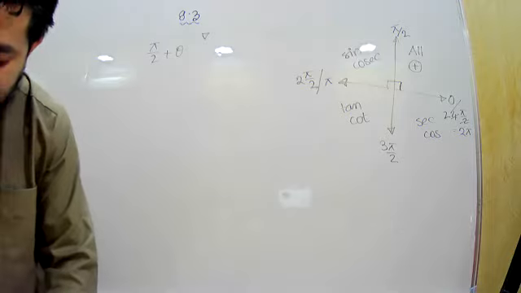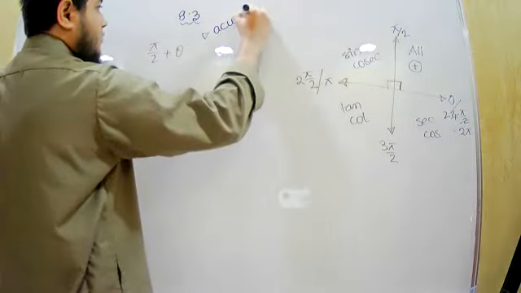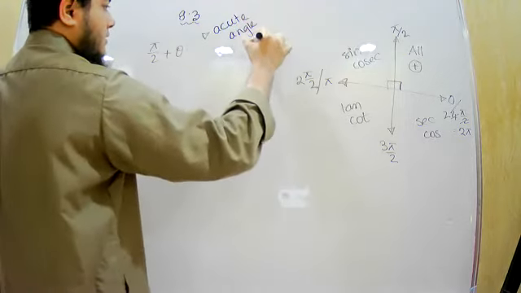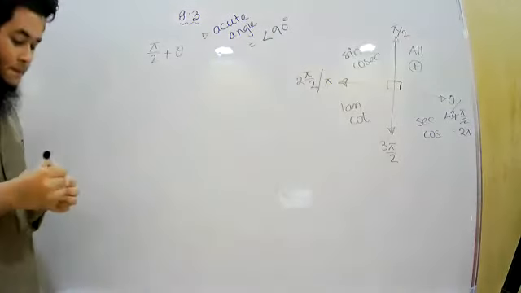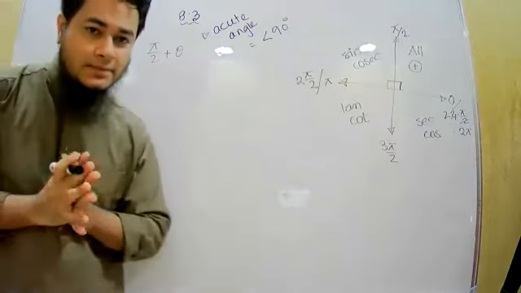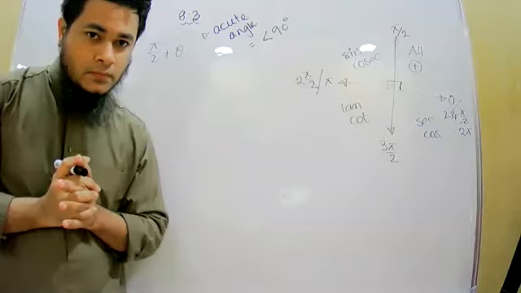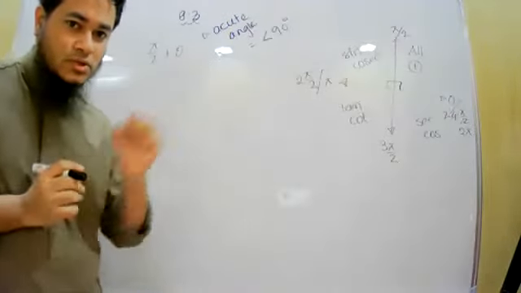Acute angle means less than 90 degree. Okay, so Fatima, can you tell me in which quadrant this angle will lie? Kamruzzaman Arafat raised a hand. Do you have any doubt or do you want to answer this question?